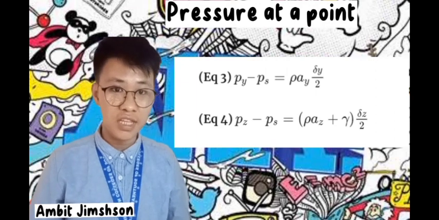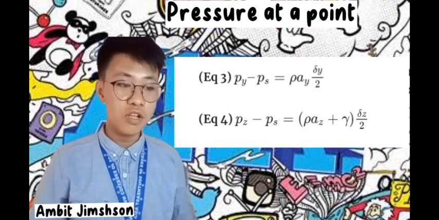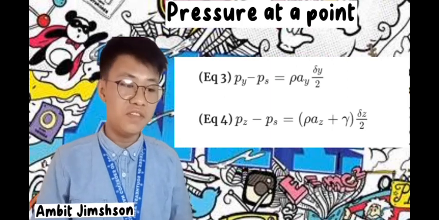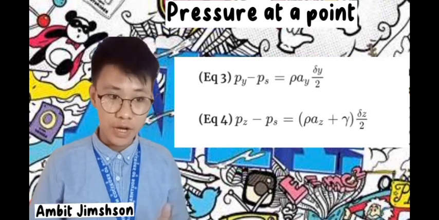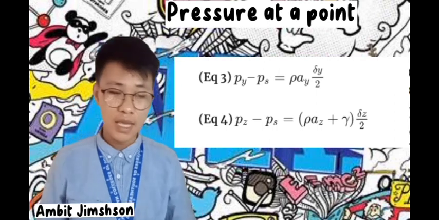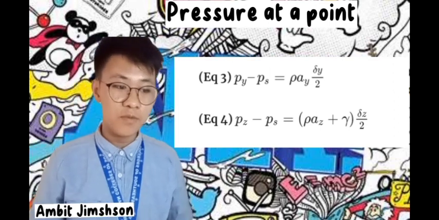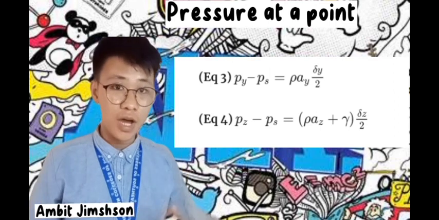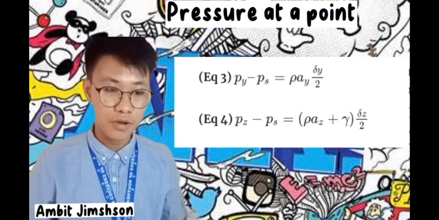In equation 3, the difference between the Py and the Ps is equal to the rho times Ay divided by 2 and multiplied by delta y squared. And for equation 4, the difference between the Pz and the Ps is equal to the sum of the rho times Az plus gamma divided by 2 multiplied by delta z squared.